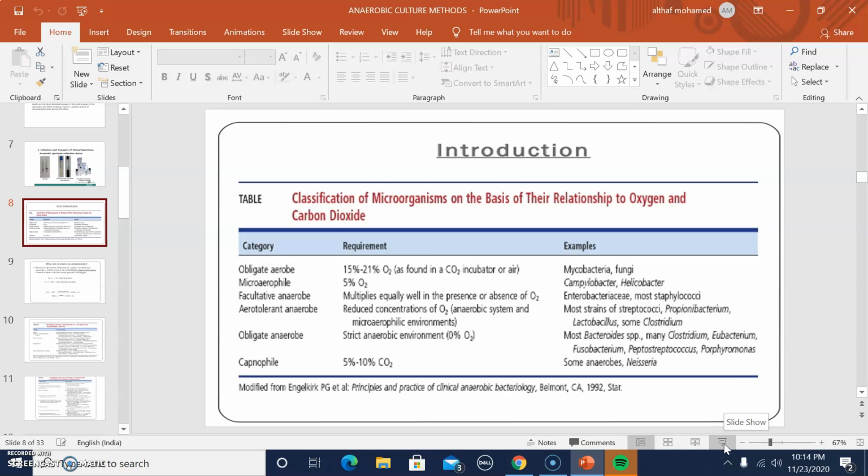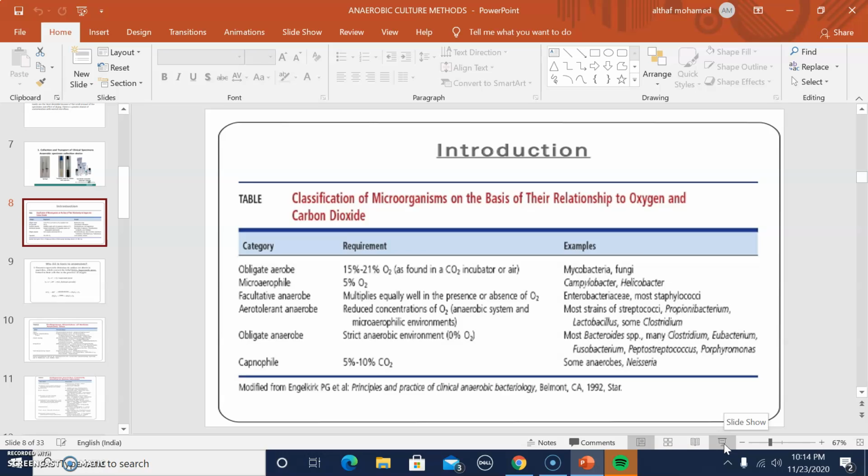Then comes the aerotolerant anaerobe. They require a reduced concentration of oxygen, that is, an anaerobic system and microaerophilic environment. Examples for this group are most strains of streptococci, Propionibacterium, Lactobacillus, and some Clostridium.